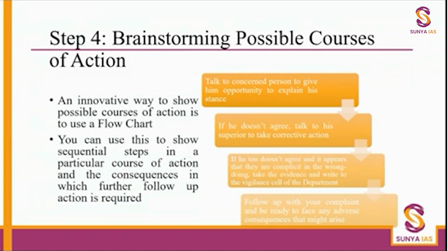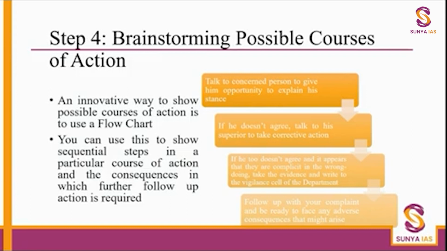I have just listed these down so that you're escalating in every step, right? So if there is a person in your office who is not responding and who is not correcting his wrongdoings, what should you do? The first step, talk to that person and let him explain.